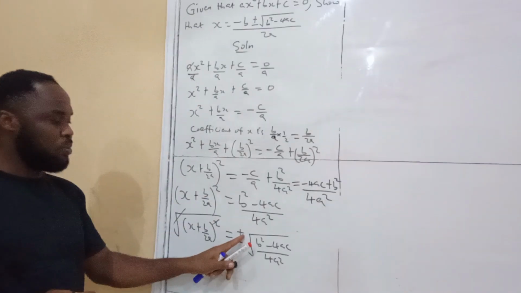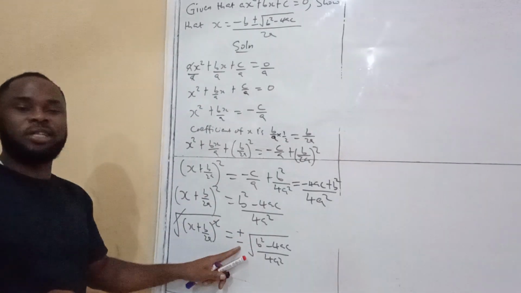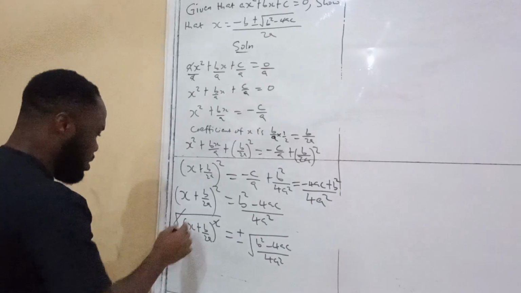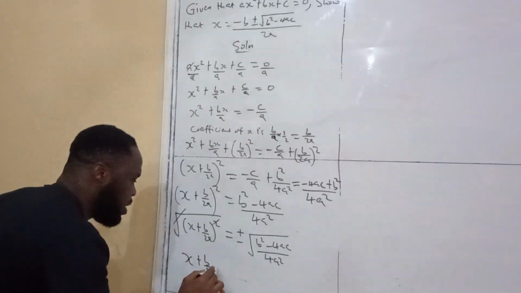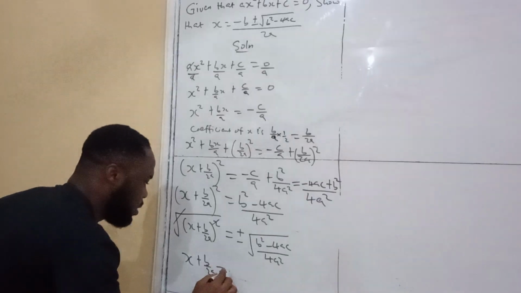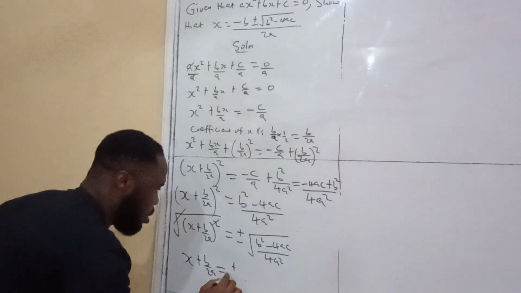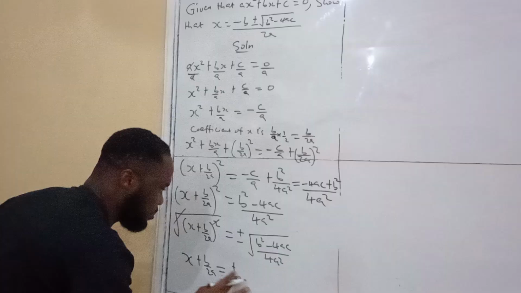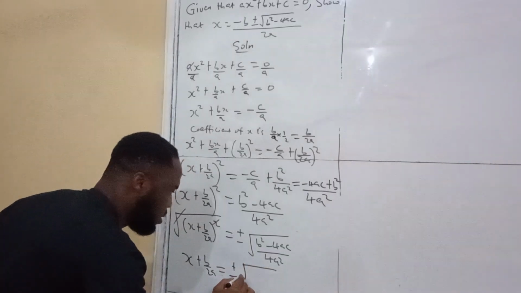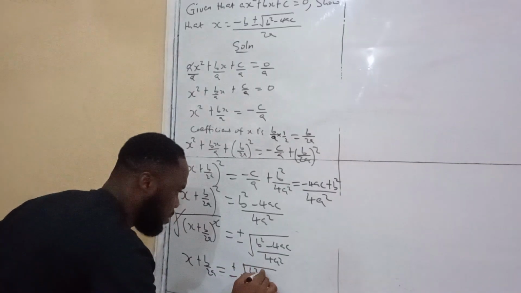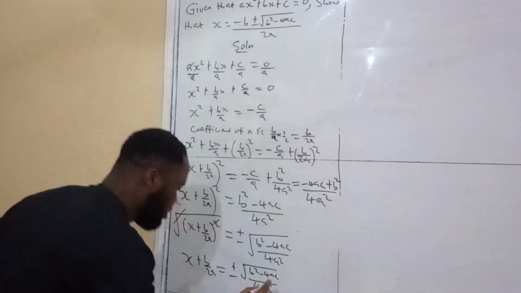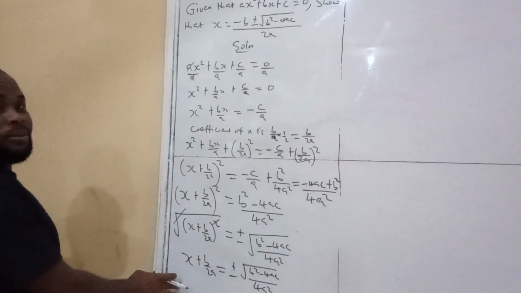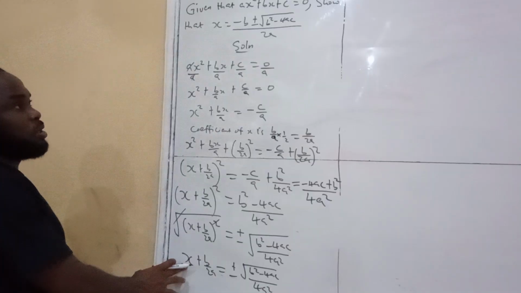So one value will take plus, while the other one takes negative. So we have x plus b all over 2a equals plus or minus square root of b squared minus 4ac all over 4a squared.